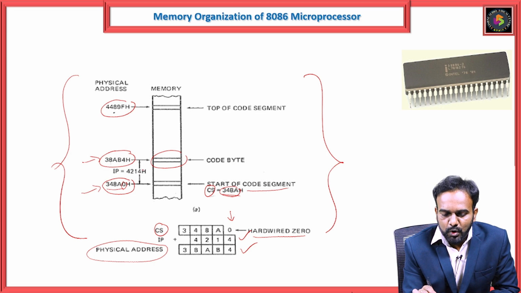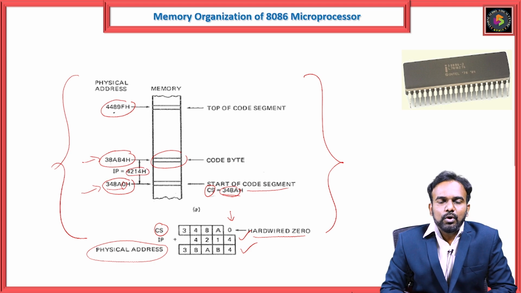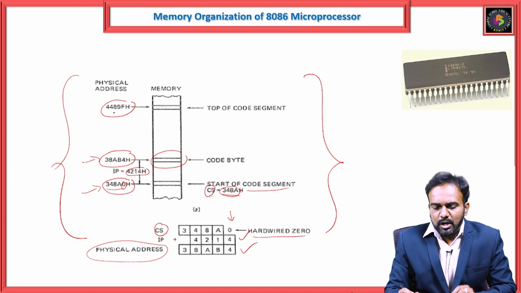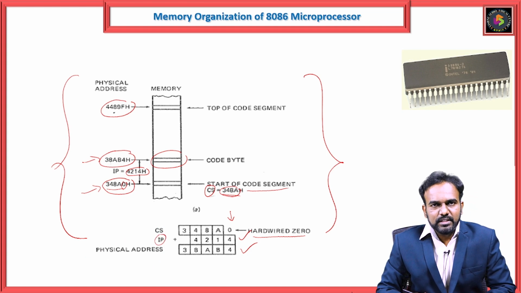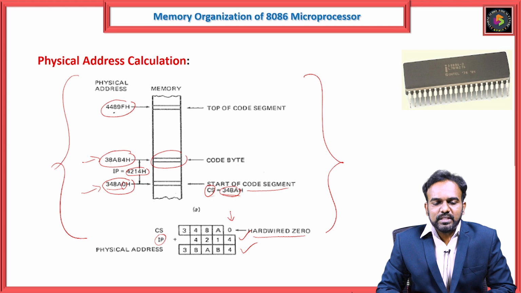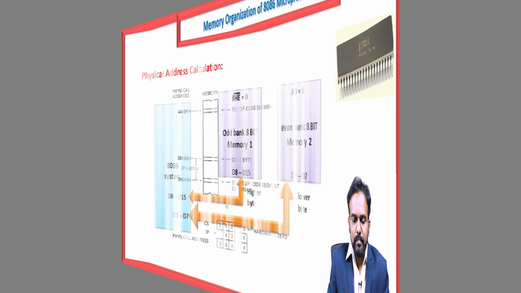Here this one is 4214. 4214 we call the offset address. To hold that 4214, the default register is the IP, the instruction pointer, which is our default pointer or index register. This is our physical address memory calculation.